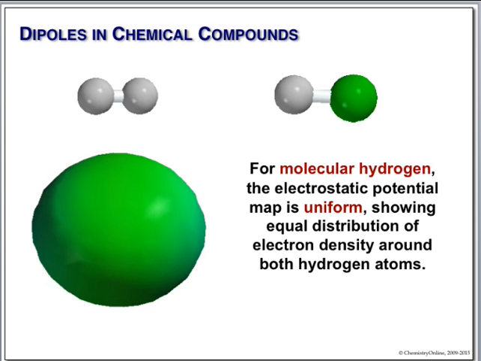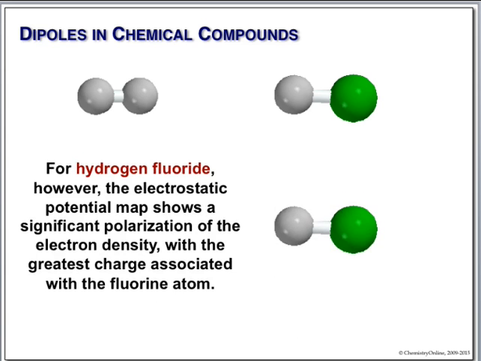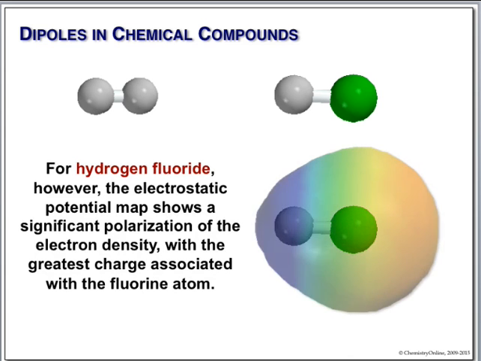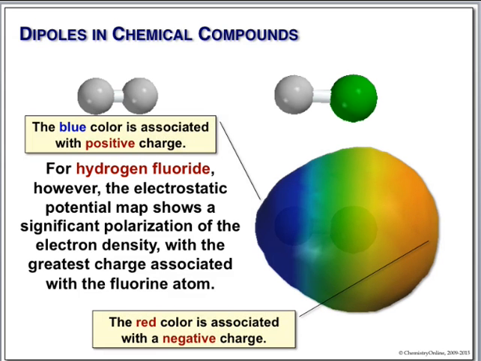If we look at the same exercise for hydrogen fluoride, however, start off with HF. We're going to calculate the electrostatic potential map and color it. When we do that, we wind up with something very, very different. This is a very nice Easter egg, isn't it?